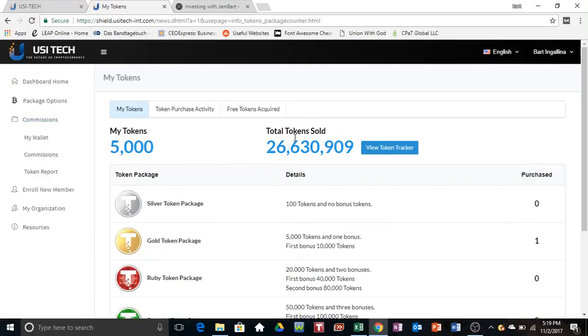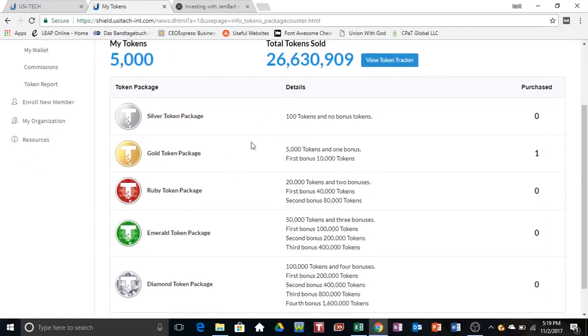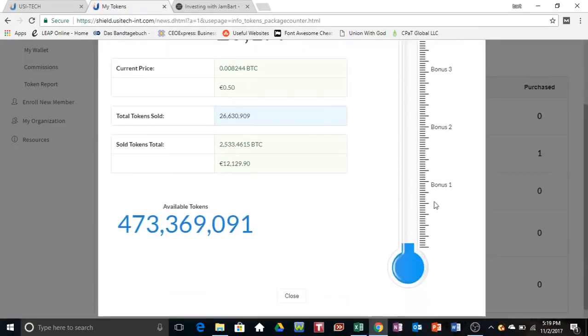So here's the total amount of tokens sold, but here they have the different packages. So you have the silver package, and then you have the gold package right here. I personally bought the gold package, so I got 5,000 tokens, and then I'm going to get a bonus of 10,000 tokens as soon as this token tracker gets up to this bonus level 1 right here.